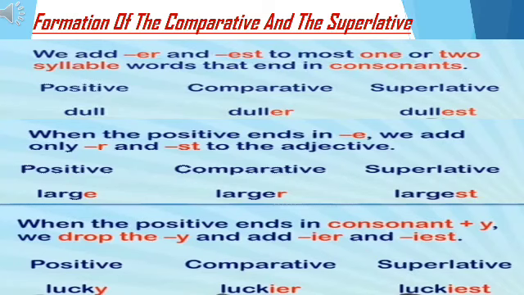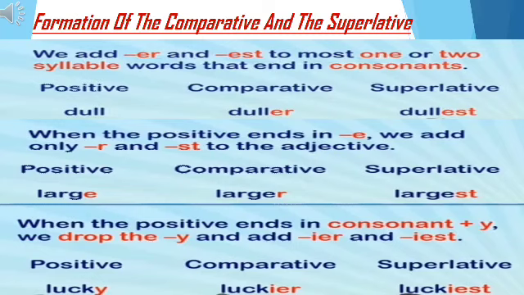Now, formation of the comparative and superlative degrees. Generally, we add er and est to most one or two syllable words that end in consonants. For example, dull, duller, dullest. Second method is when the positive ends in e, we add only r and st to the adjective.